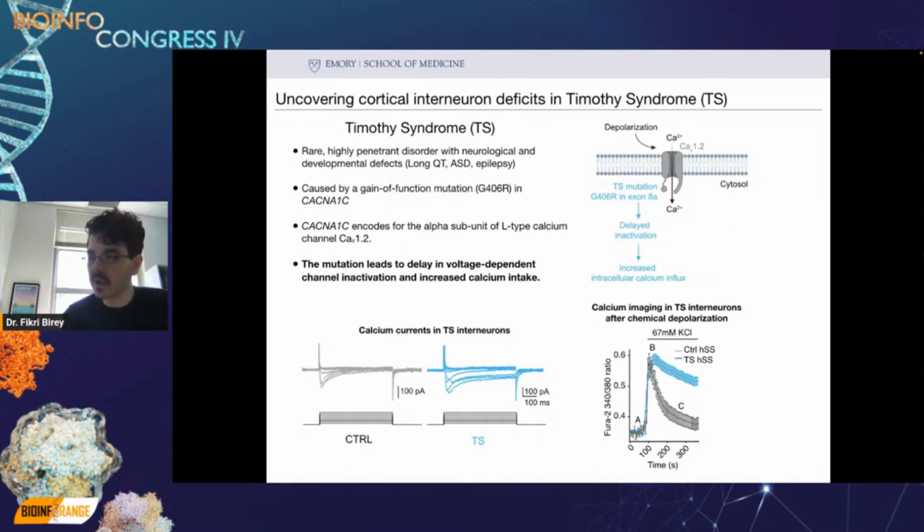We can do calcium current recordings, and you can see on the left side that in cyan, the delayed inactivation phenotype is very obvious. Once we're recording the calcium currents, you can see that delay in the closing. And then we can also look at that by depolarizing the cells using high potassium chloride and doing calcium imaging with that.